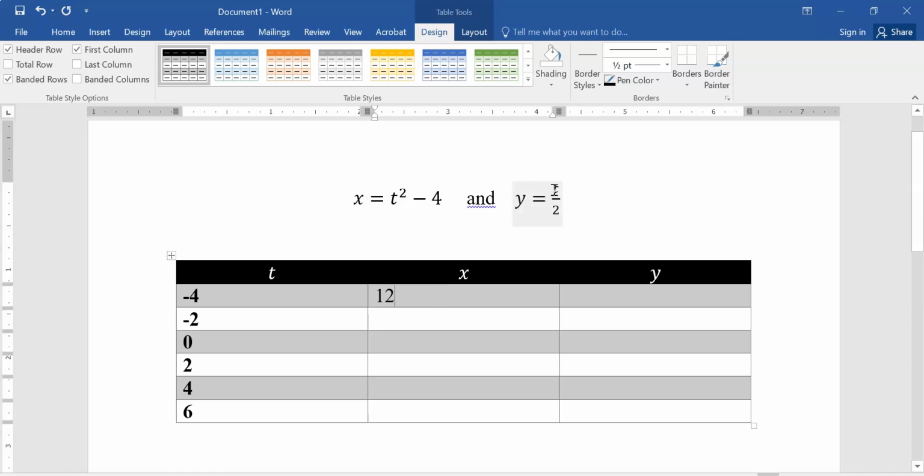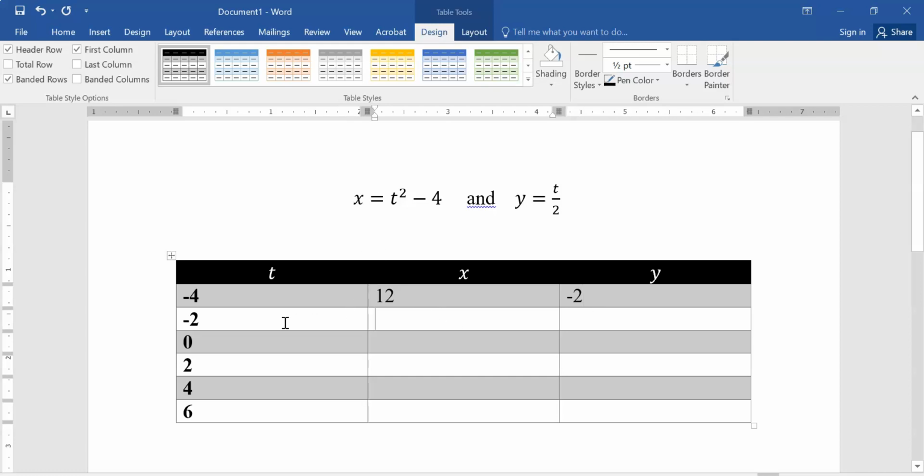When you plug -4 in for t in the y equation, you get that y is -2. So you plug in -4 there, plug in -4 there, and you get 12, -2. Now this is just the standard point, 12, -2. So on a graph, you just graph the point 12, -2, and make your point there.